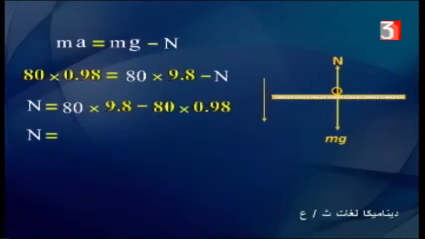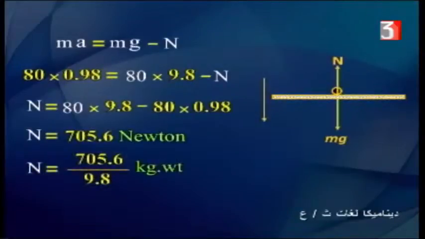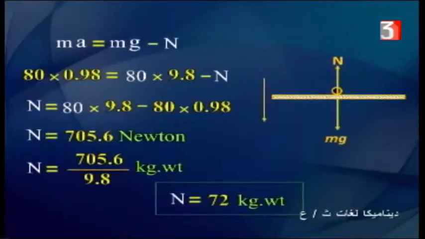Then N equals 705.6 Newton, which equals 705.6 divided by 9.8 kilogram weight, or N equals 72 kilogram weight.